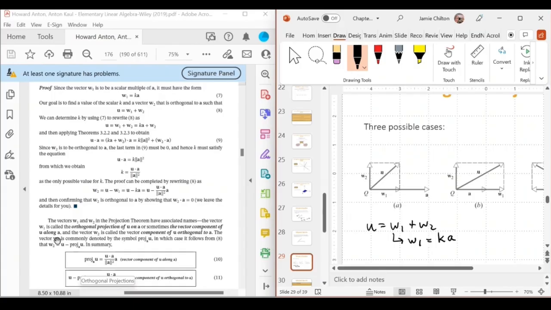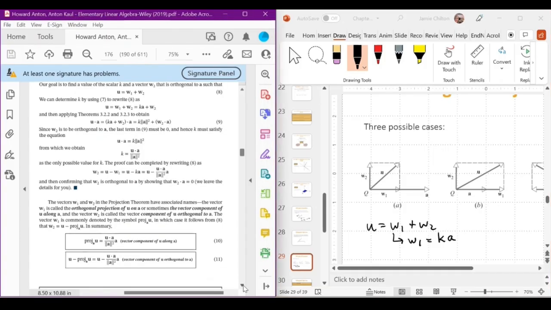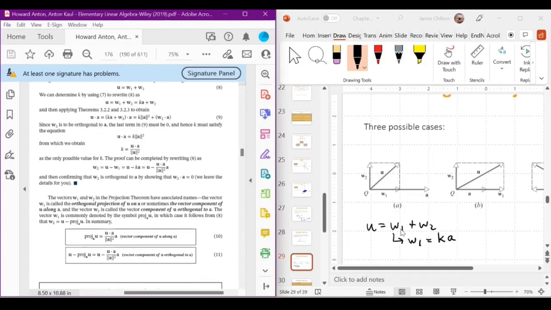So if we want to actually solve for W1, we commonly denote that by this symbol, the projection. Here, W1 is going to be the projection of U on A, so it's denoted like this, with a spelled-out shorthand for projection and the subscript A and then U. And then for W2, because U equals W1 plus W2, U minus W1 is going to give you W2.